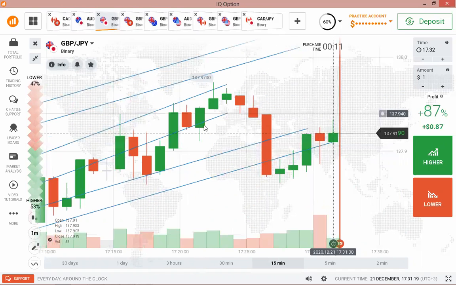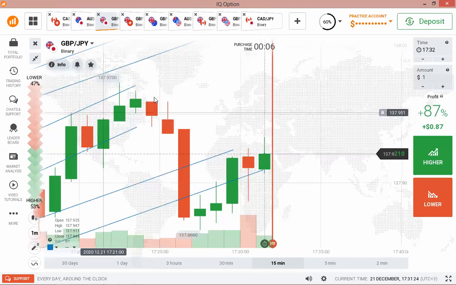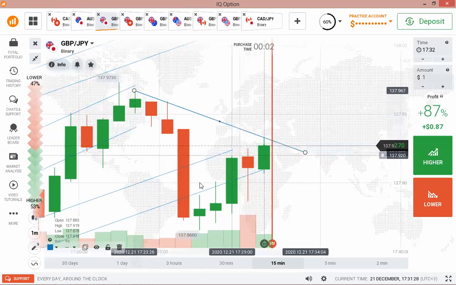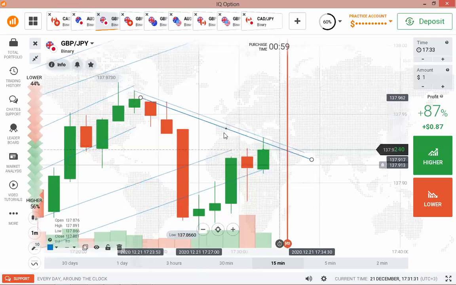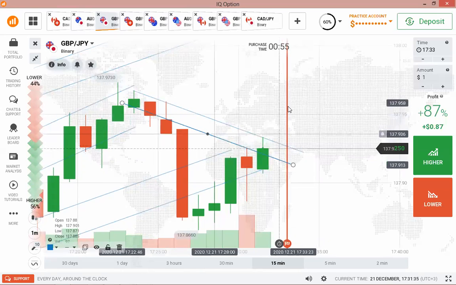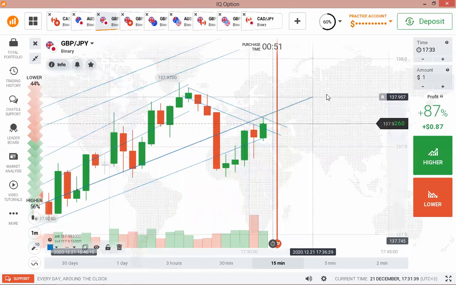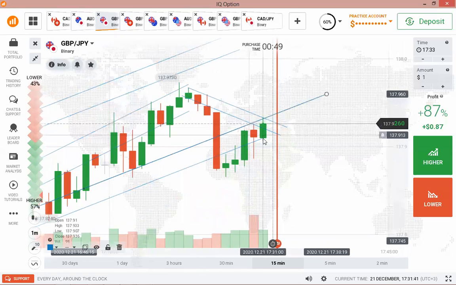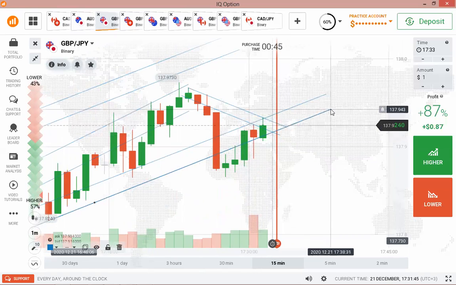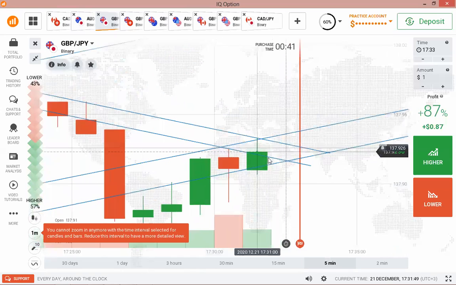Still have some minor level here, something like this. Plot out the area, something like this. You can extend it to this level. I've never seen a reversal point here.